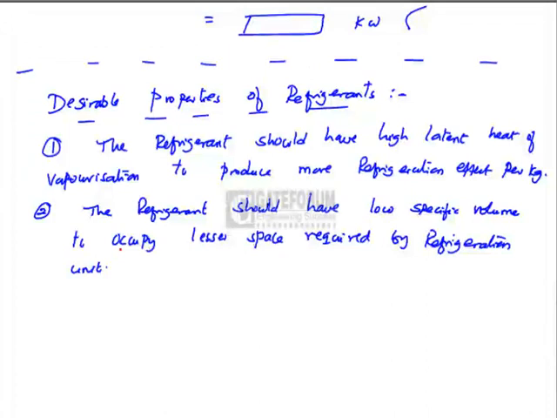For the entire refrigeration unit to be compact or smaller in size, the refrigerant should have low specific volume in meter cube per kg, because the compressor size, the compressor RPM, and all these things are decided by the specific volume of the refrigerant at the inlet of the compressor. As we had seen in the earlier problems also, the compressor size is decided by the specific volume of the refrigerant at inlet to the compressor. So it should be lesser.